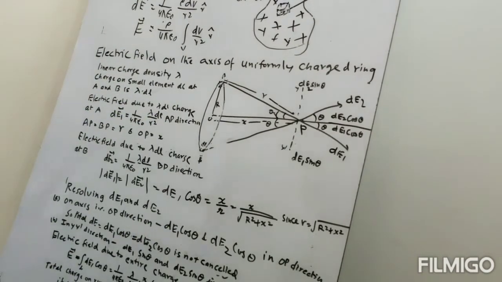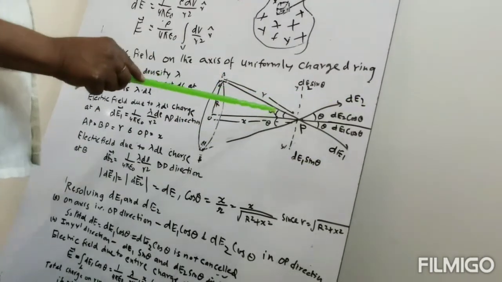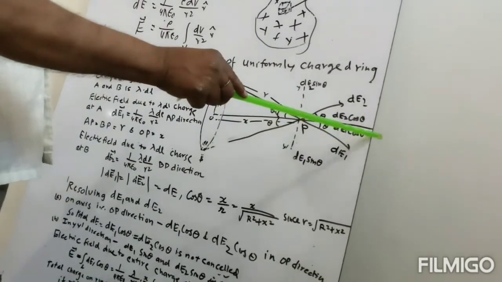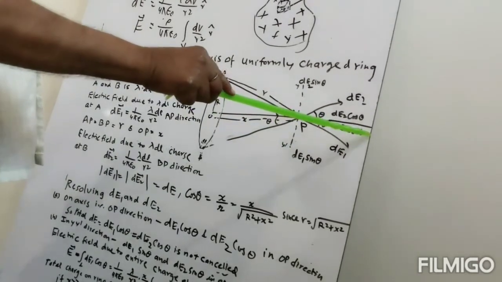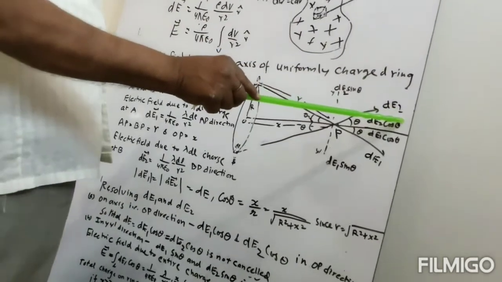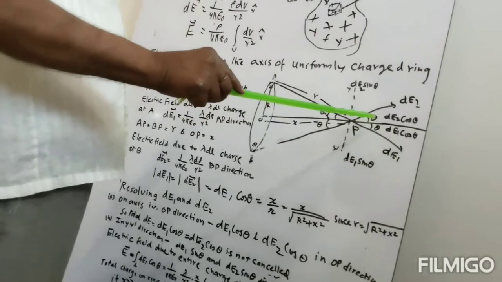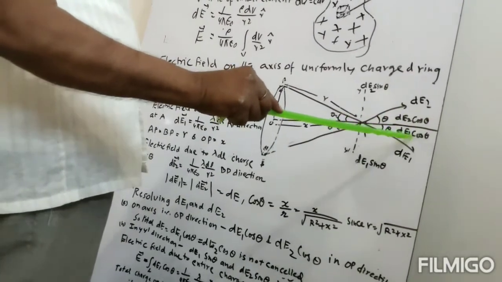Therefore, we will resolve these electric fields dE1 and dE2 along the axial direction and perpendicular to the axial direction. In the axial direction, the components of dE1 and dE2 are dE1 cos theta and dE2 cos theta.